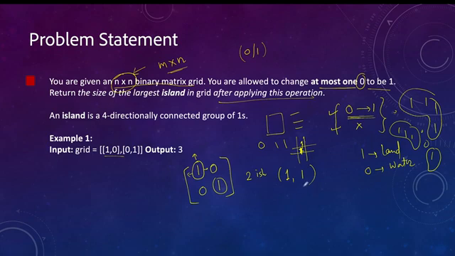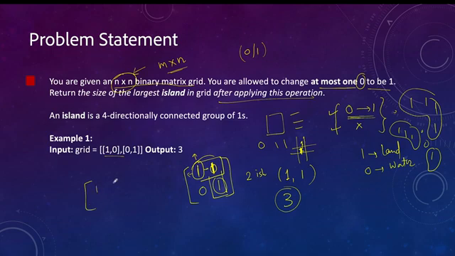So the maximum is 1. But if we convert one of the zeros to 1, we are allowed to do that. Let's say we convert this to 1. Now this one is connected to this one because it's on the right, and this is also connected. So we get one big island of size 3. So in this case the answer is 3.